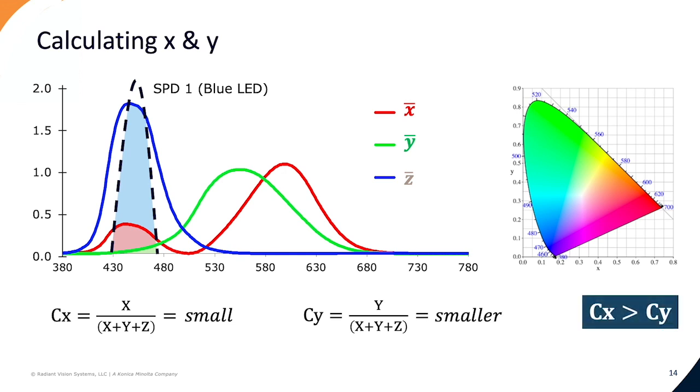When plotted on the CIE 1931 chromaticity diagram, the chromaticity for the blue LED clearly lands in the blue region. This should make sense since the spectral power distribution for the blue LED did not contain any light with wavelengths that are significantly detected by the X or Y color matching functions.